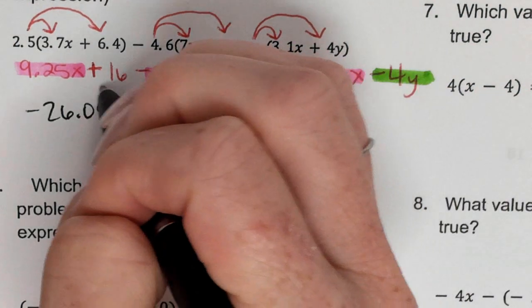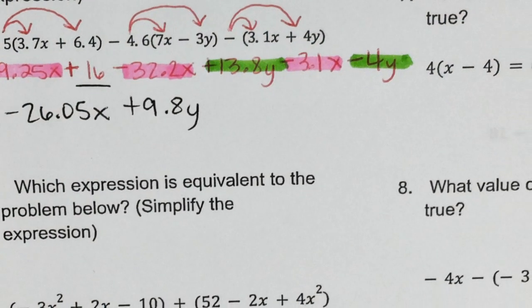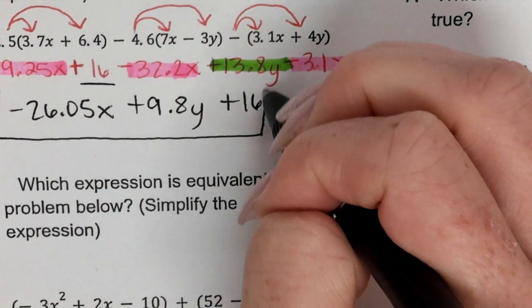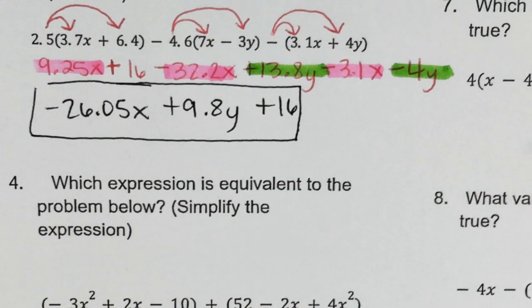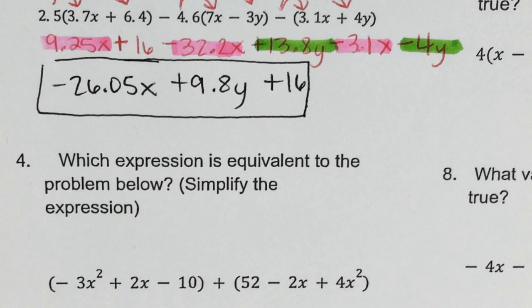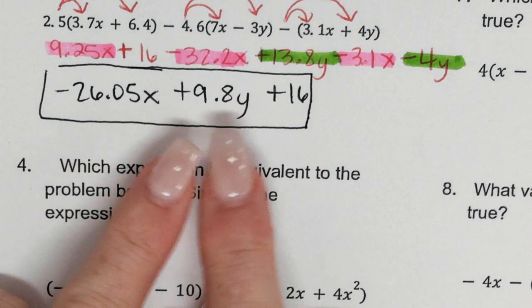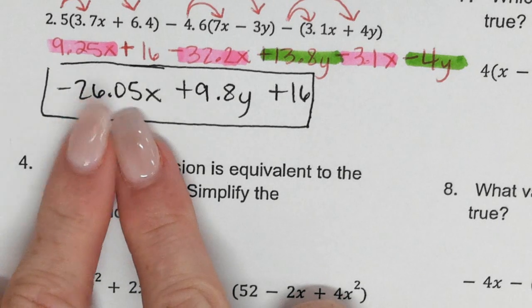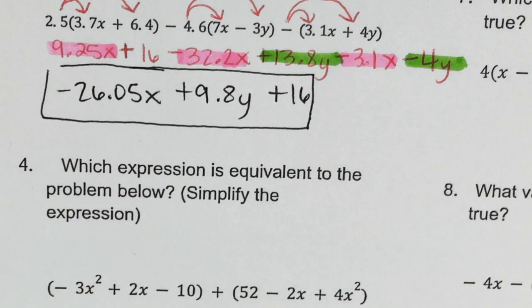Is there anything to combine with the 16? So I just write plus 16. There is no equal sign in this. Now remember, on the CBA, it's multiple choice, so these could be in any order, yes? The main thing is that the minus belongs to the what? To the 26.05x.